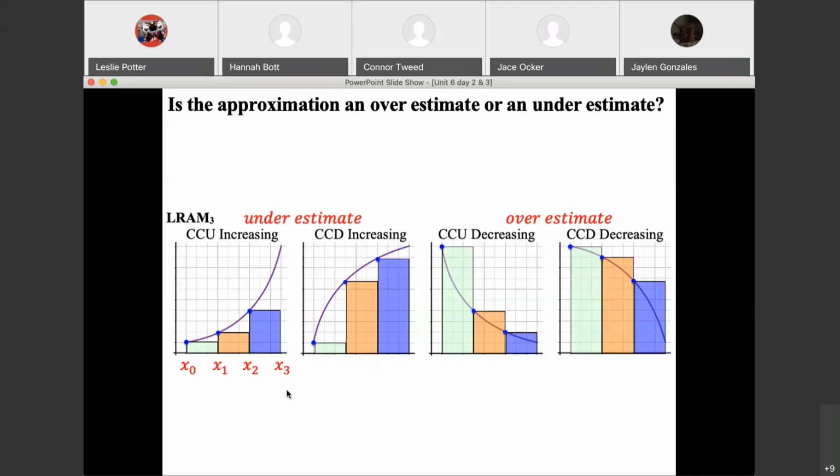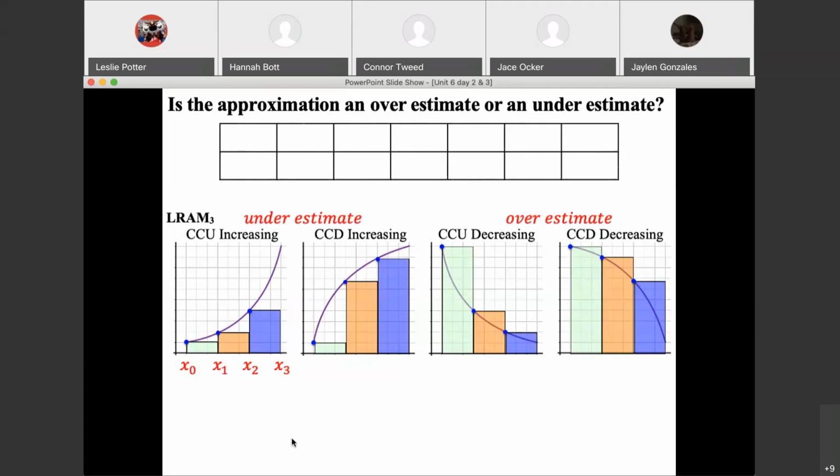Then x sub 1 is after drawing one rectangle, I'm right here. And after drawing another rectangle, I'm right here, and so on and so forth. So far, so good.